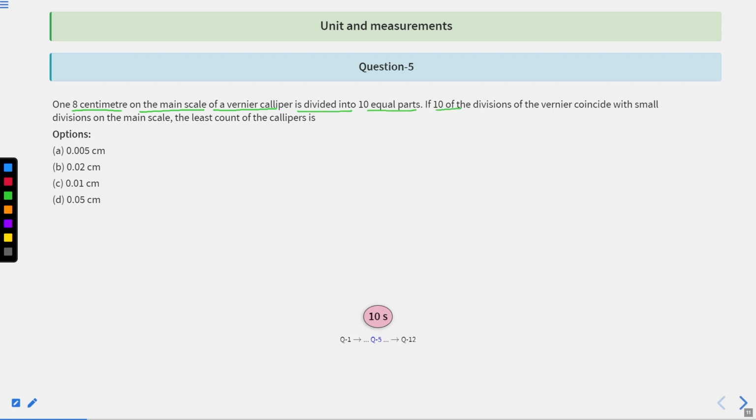If 10 divisions of the vernier coincide with 8 small divisions on the main scale, what is the least count of the calipers? 0.005 centimeter, 0.02 centimeter, 0.01 centimeter, and 0.05 centimeter. Which one is correct? A, B, C, D. You have 10 seconds to solve this question. After that, we will provide the solution.